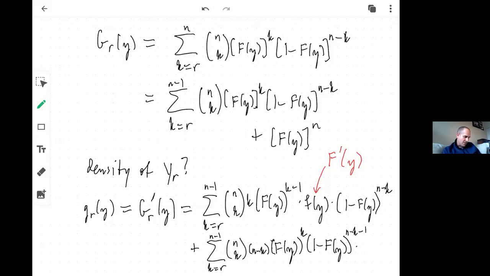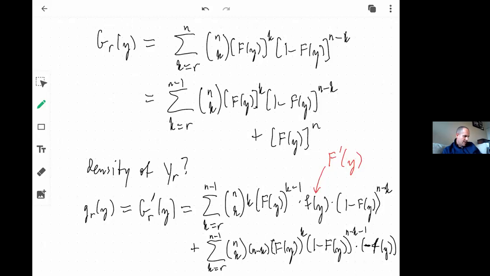I have to use the chain rule here. That's negative little f of y. There's a negative sign right here, which is very important. So I did the derivative of the first times the second plus the first times the derivative of the second.